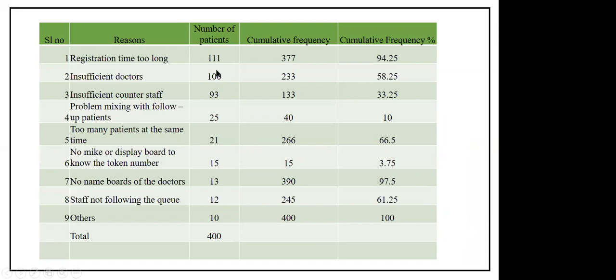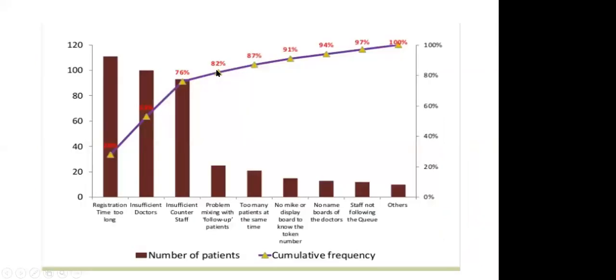Now we can plot a Pareto chart with both these values. On the x-axis, we plotted the reasons, and on the y-axis, we plotted the number of patients and cumulative frequencies.